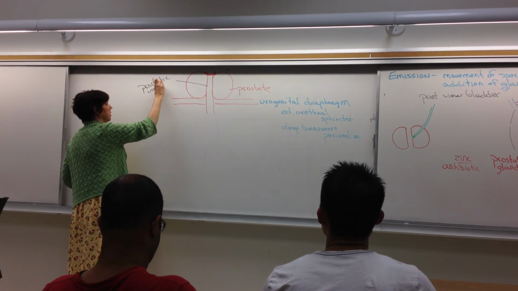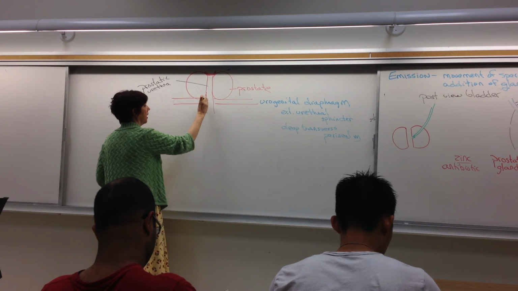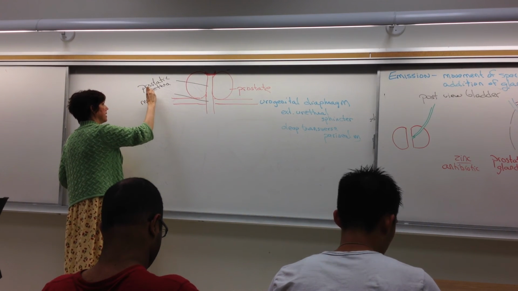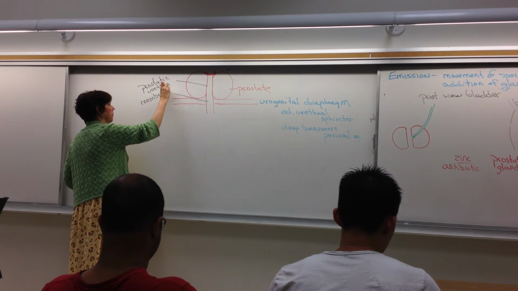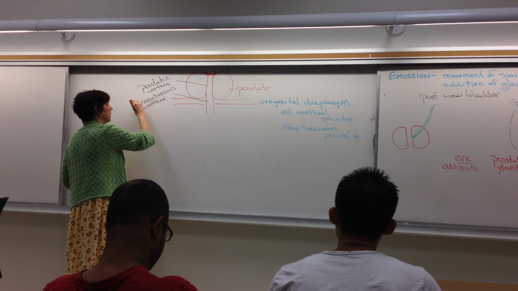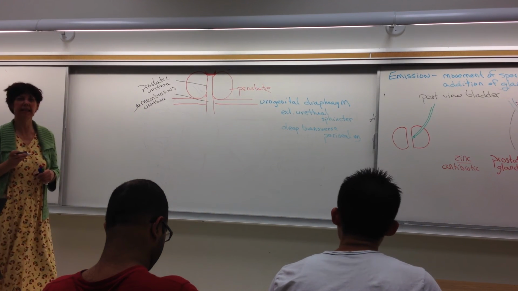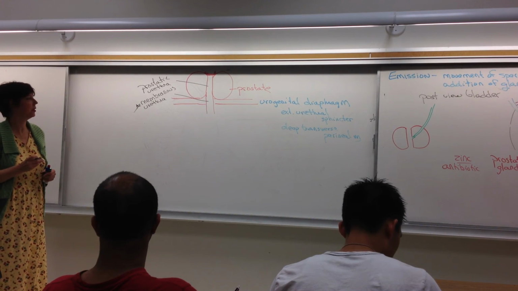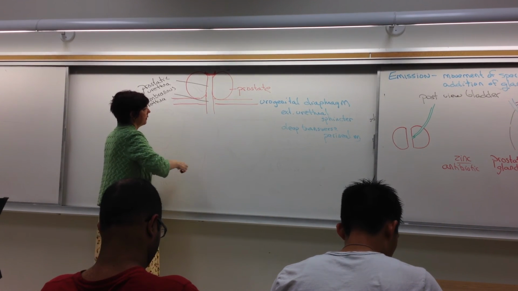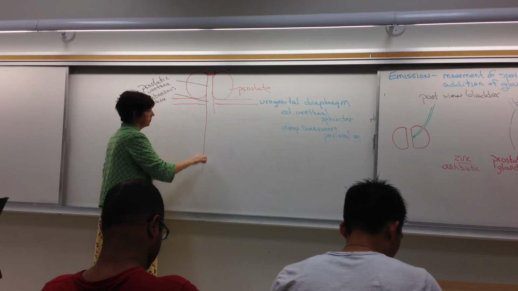It's lined with transitional epithelium, just like every other part of the urinary tract. This is the membranous urethra, where it passes through the muscle. It's the most narrow. So if someone has to be catheterized, that's the most difficult part to catheterize. And the rest of the urethra is found within the penis itself.